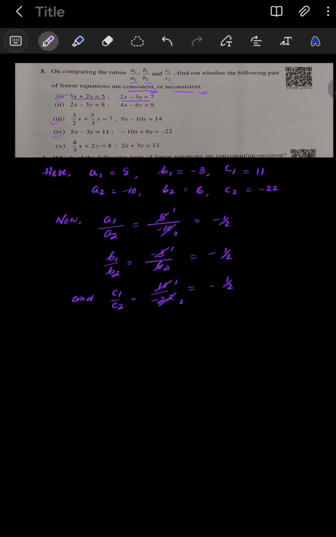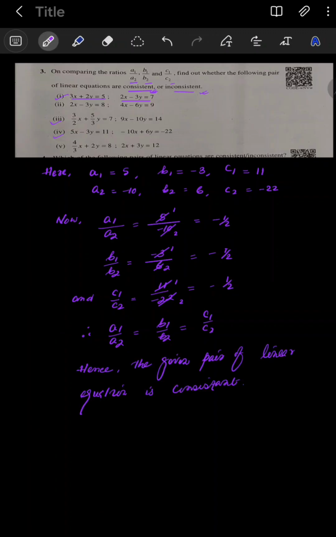If there are many solutions, they are consistent equations. So we write, therefore a1 by a2 is equal to b1 by b2, and is equal to c1 by c2. Hence the given pair of linear equations is consistent, because there are many solutions. So this is your final answer.